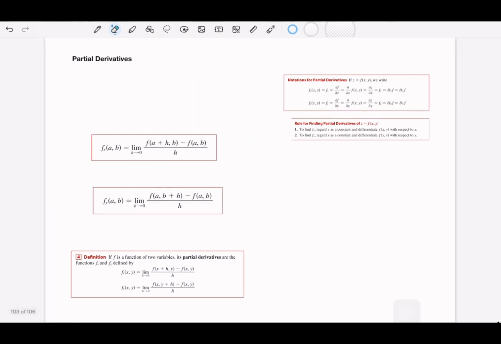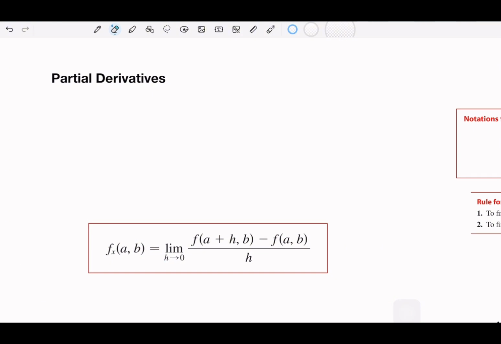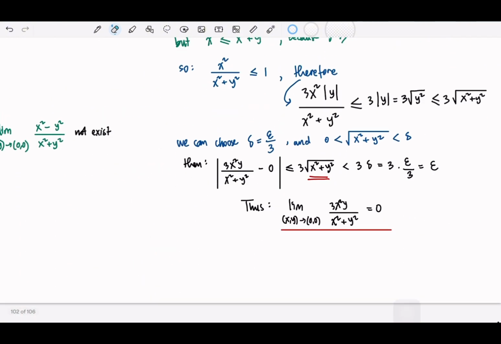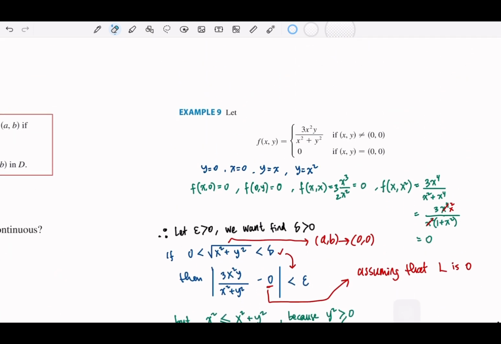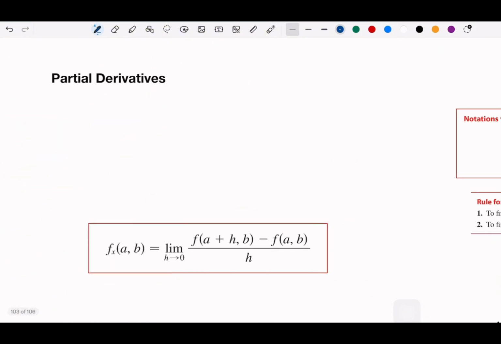Okay, the partial derivatives. I forgot to say, these functions are continuous. Let me write the partial derivatives of a function of two variables.